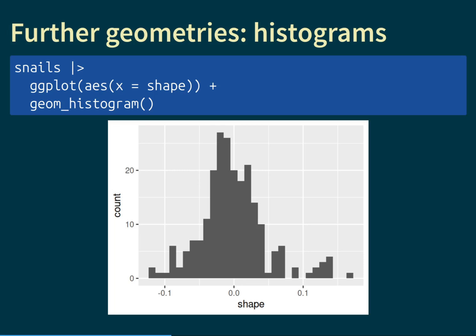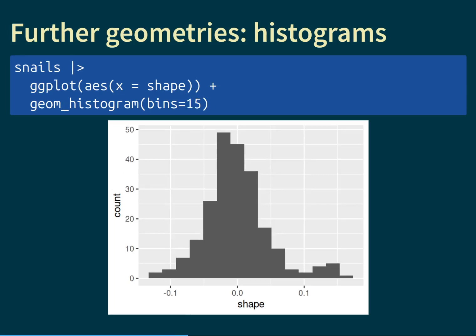So in order to change the number of bins, that's very easy to do. The geom_histogram function has an input called bins, and we set it to an integer number, and that tells us how many bins we want. So for example, if instead of the default 30 bins, we want 15 bins, all we do is set the bins argument to be equal to 15 inside geom_histogram.